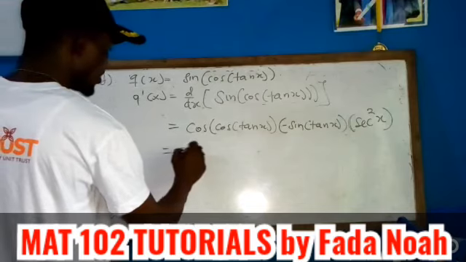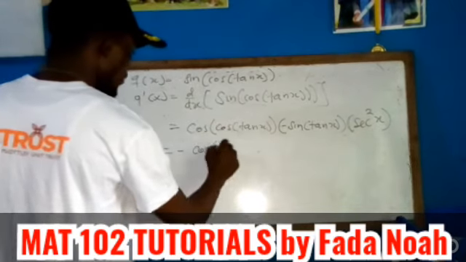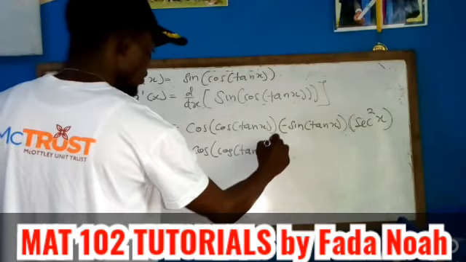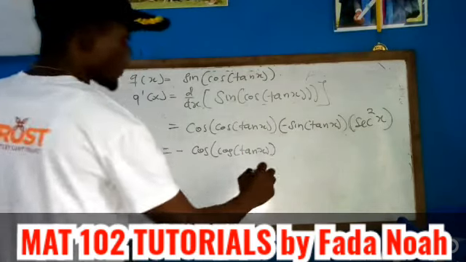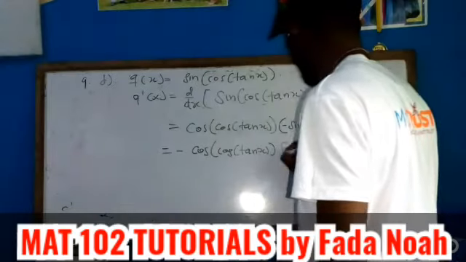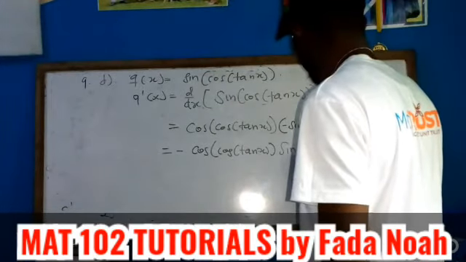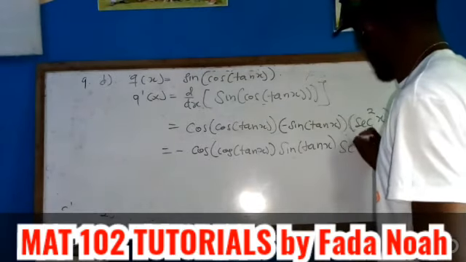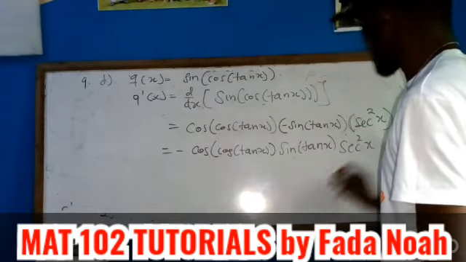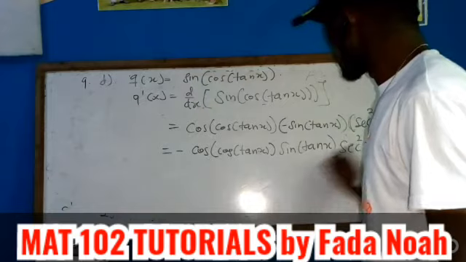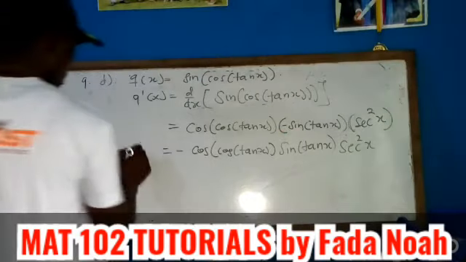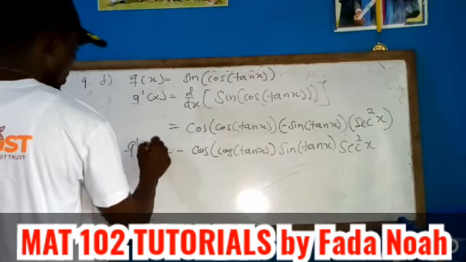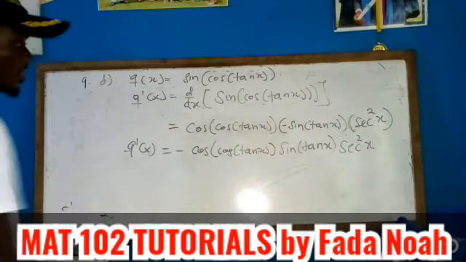So you have minus cos of cos tan x, then sine of tan x, then sec squared x. So this is our solution, or q prime of x. Q prime of x equal to that.